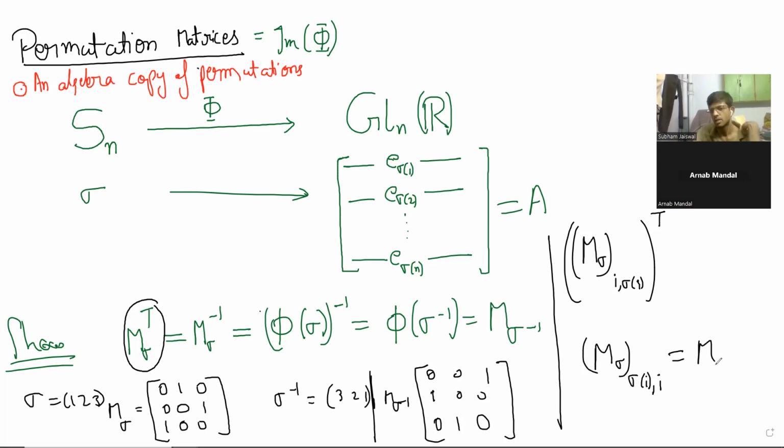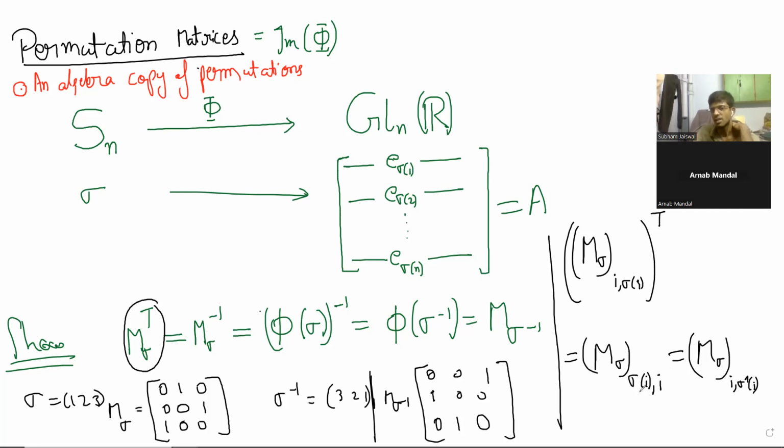That's M sigma inverse. Sigma i went to i, so you can say that i went to sigma inverse of i. This will be true.